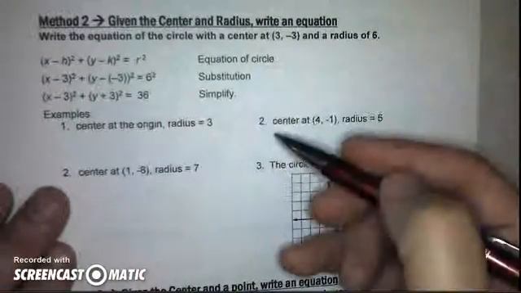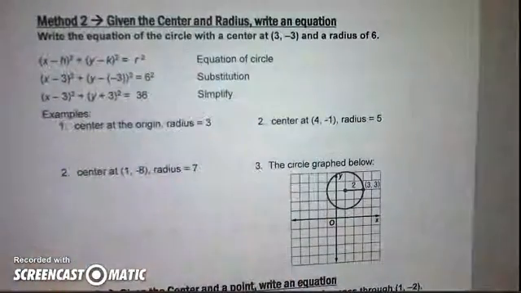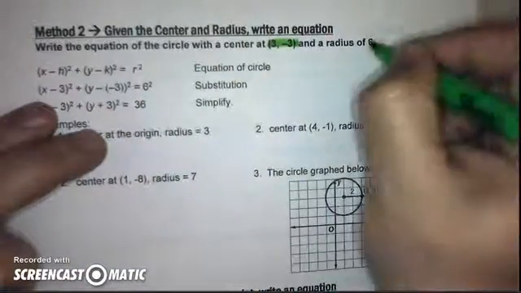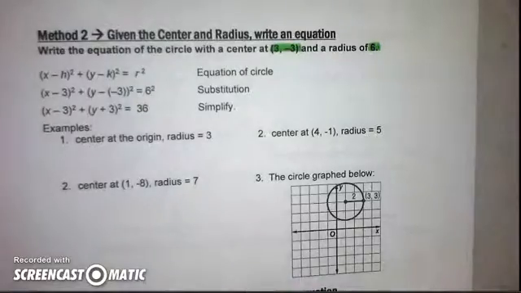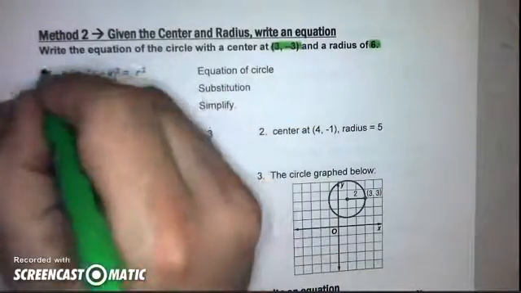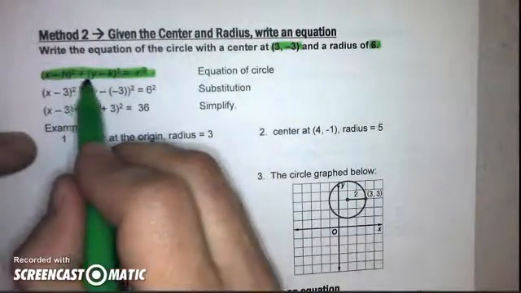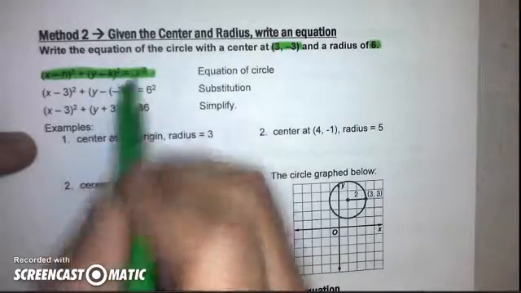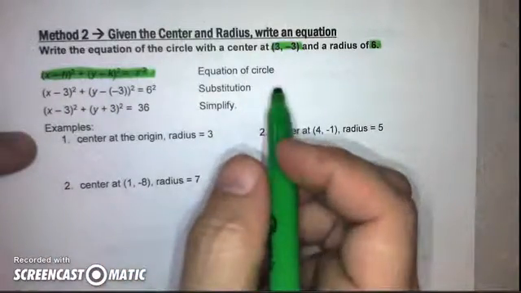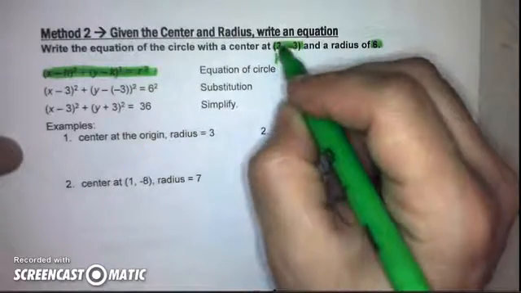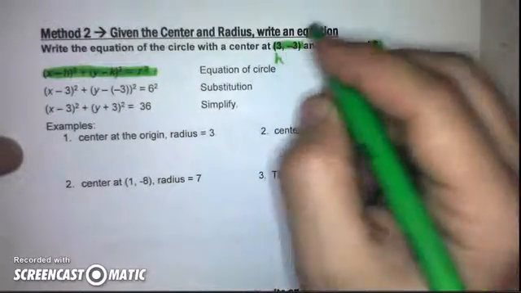And so I've kind of stepped this out how to do that. Here is the given information. Okay, we are given the center and then a radius. We are always going to start by writing the equation of our circle, x minus h all squared plus y minus k all squared equals r squared, and then we just plug in the information. Okay, h is the first coordinate from your center.